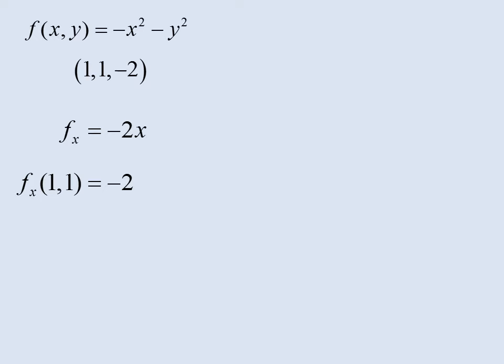Substituting 1 for x, we get negative 2 times 1, or negative 2. So the slope in the x direction at that point would be negative 2.